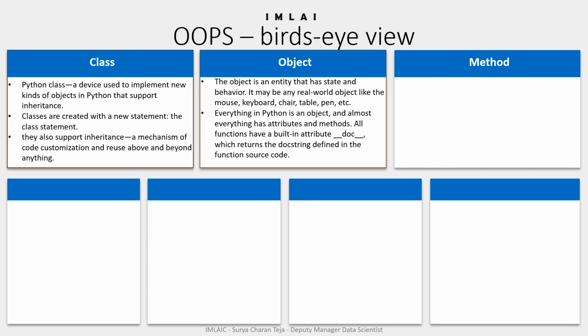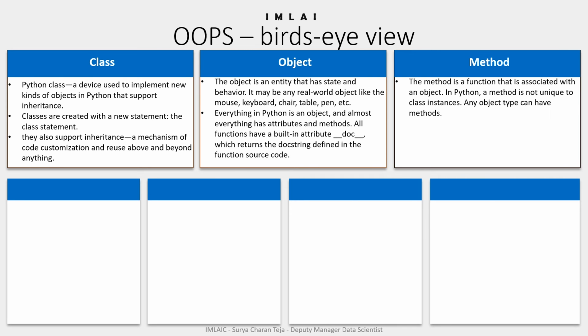What does that mean? The method is a function that is associated with an object. In Python, a method is not unique to class instances. Any object type can have methods.